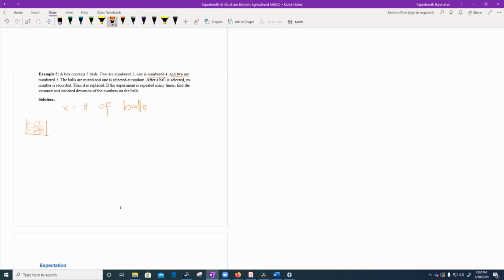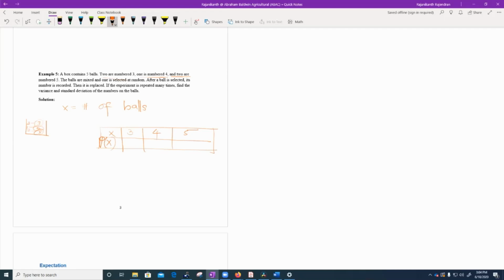So let us first make the probability distribution table for this problem. My x is the number you got on the ball. So x may have any value among these 3, maybe 3, maybe 4, or maybe 5. Then what is the corresponding probability for each x value?